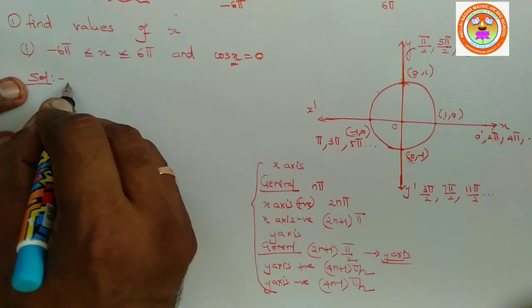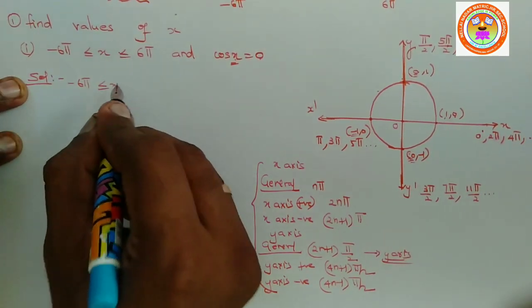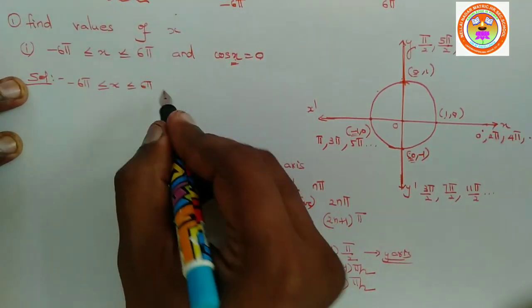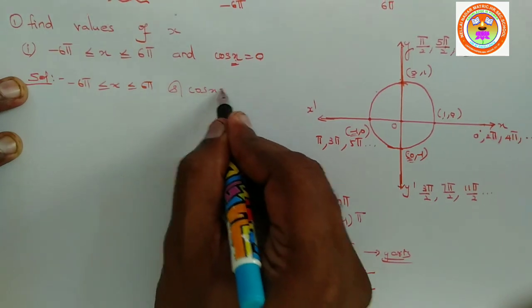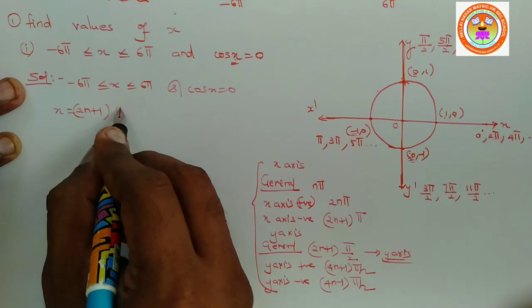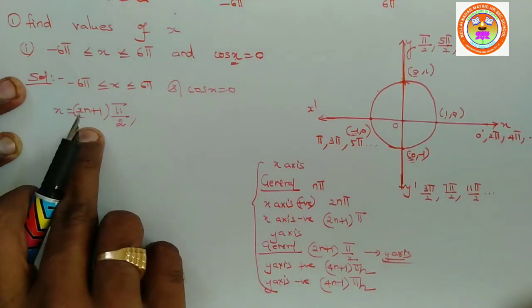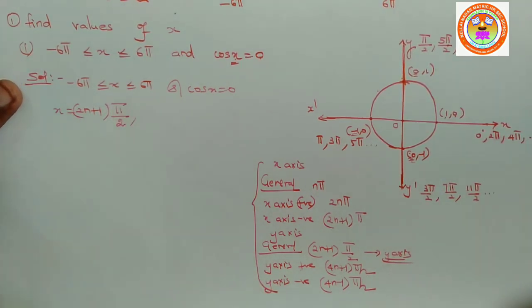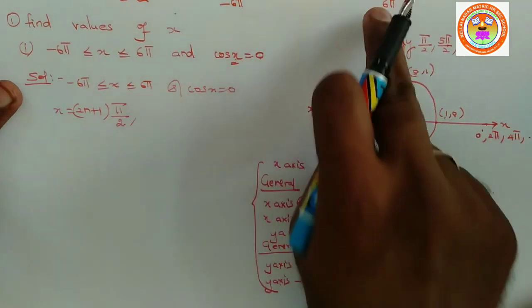So for minus 6 pi less than or equal to x less than or equal to 6 pi and cos x equal to 0, x is equal to 2n plus 1 pi by 2, where n belongs to Z. But we need to take suitable values for minus 6 pi to plus 6 pi.